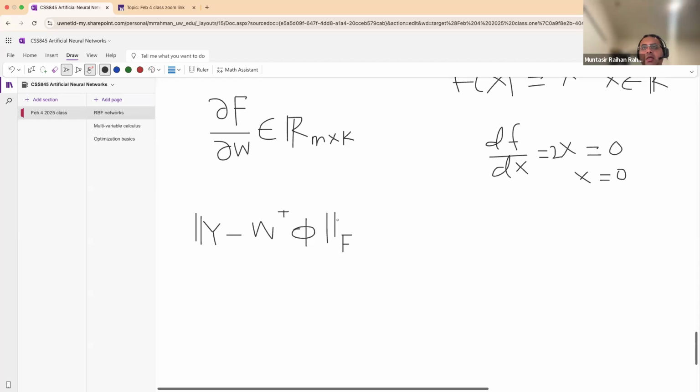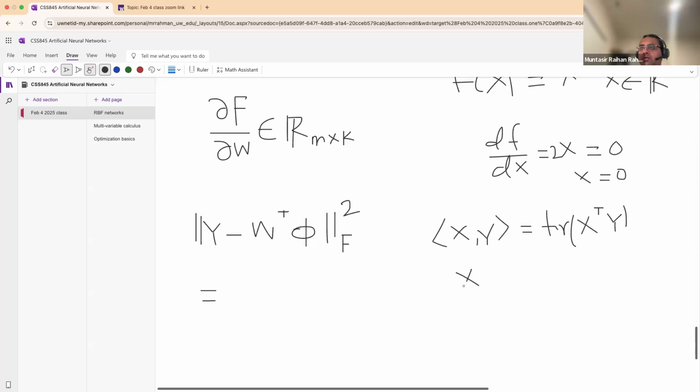And now this is a norm squared, right? And any norm squared I can write as an inner product, right? But in this case, if you recall, for two matrices, if you look at the notes, this is defined as the trace of X transpose Y, right?